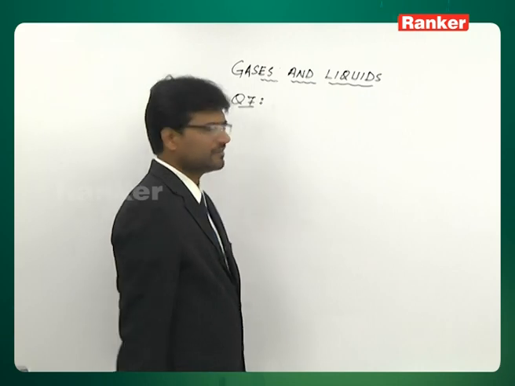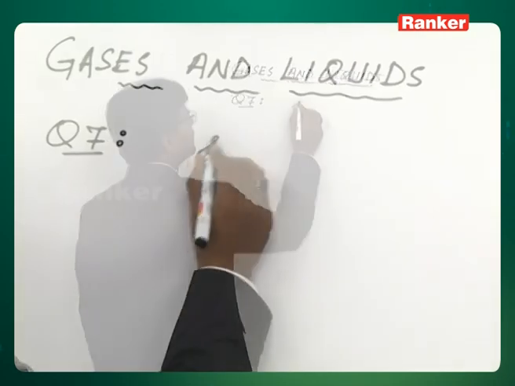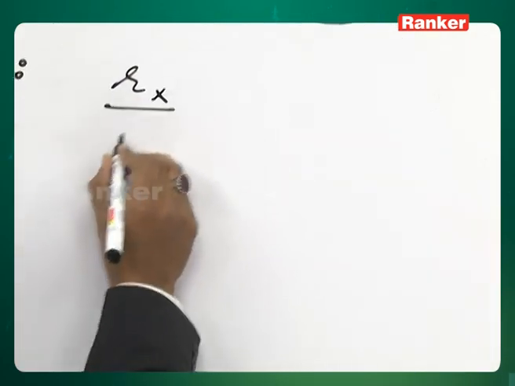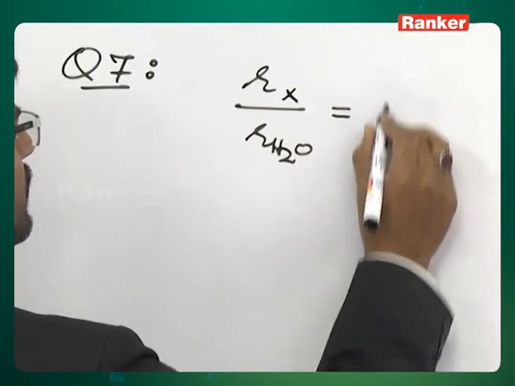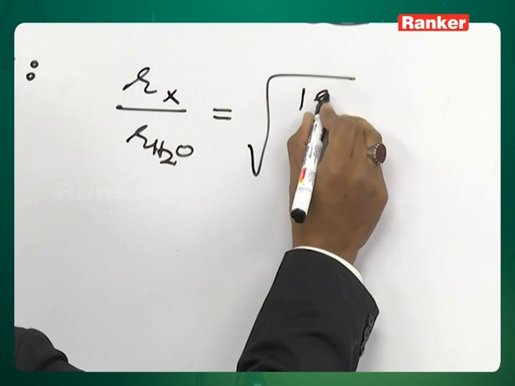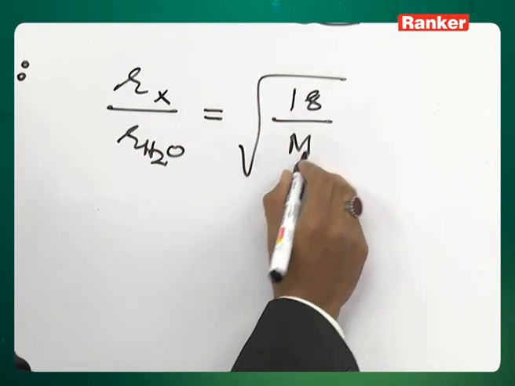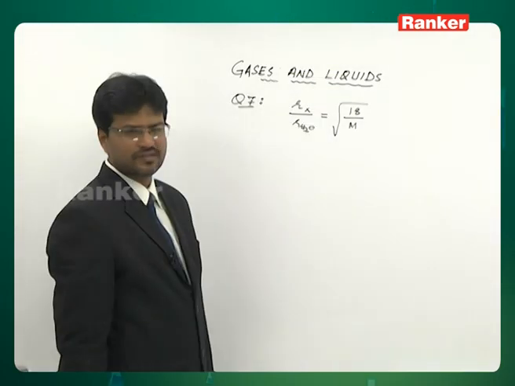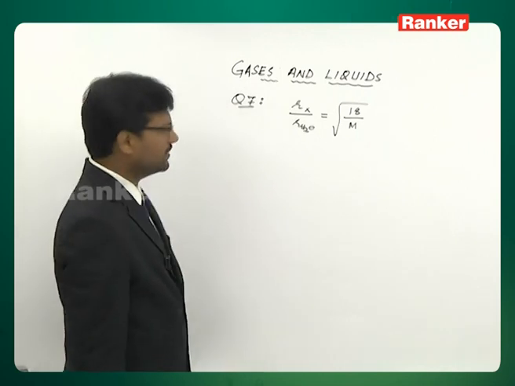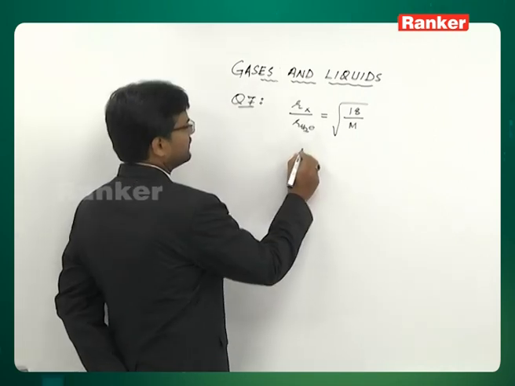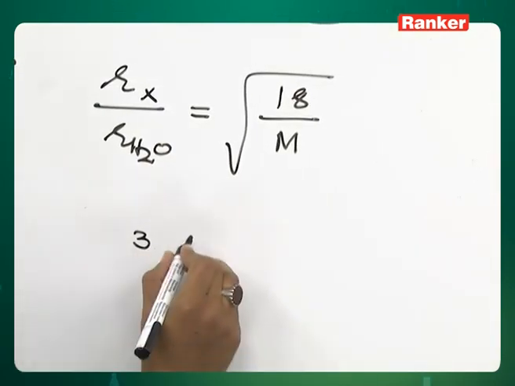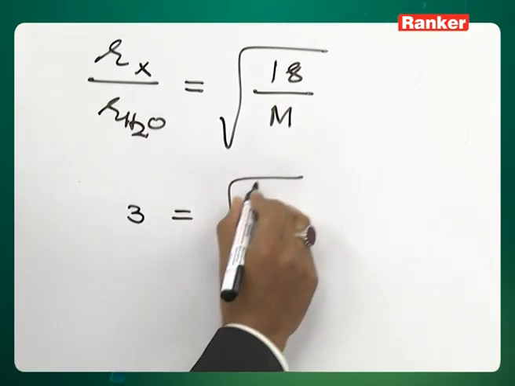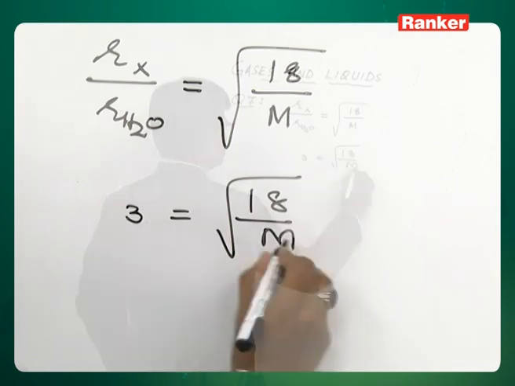Let's try to calculate. See, rate of diffusion of X by rate of diffusion of water is equal to root 18 by m, where m stands for molecular mass of the unknown gas. This is 3 times faster, so 3 equals root over 18 by m.